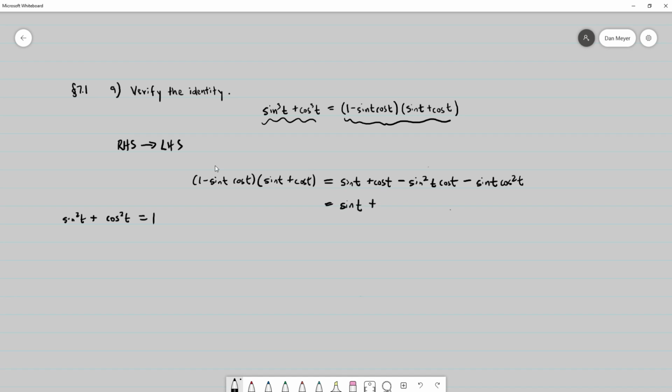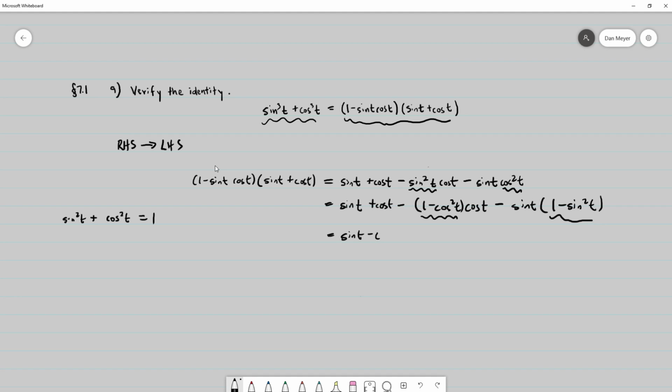Sine t plus cosine t minus 1 minus cosine squared t times cosine t minus sine t times 1 minus sine squared t. So I just converted this sine squared into 1 minus cosine squared, and this cosine squared into 1 minus sine squared.